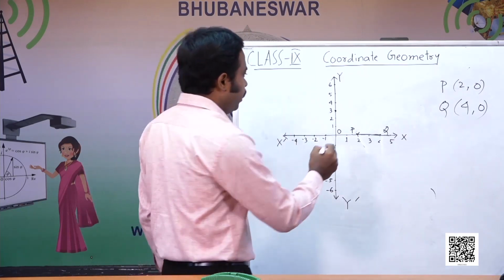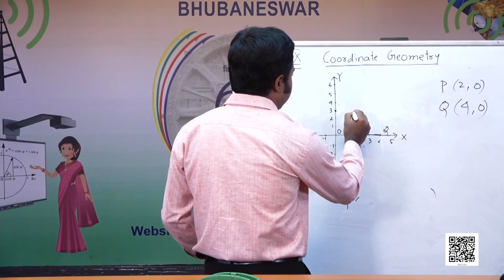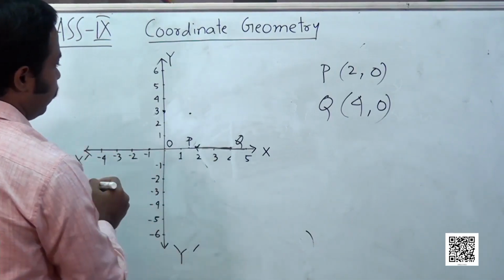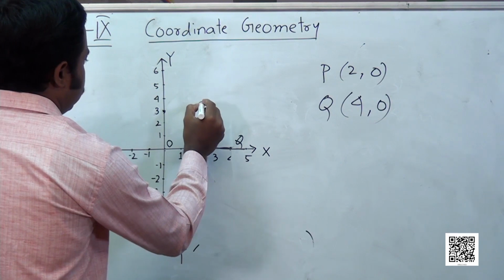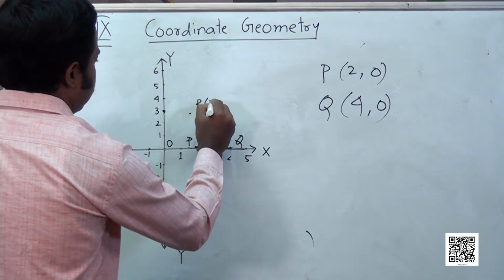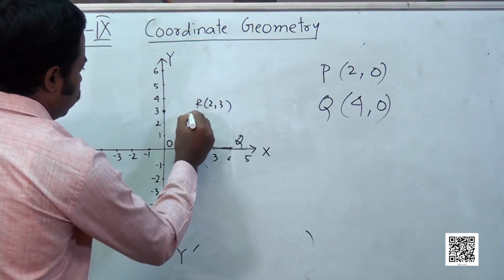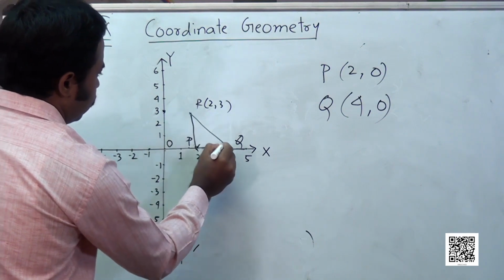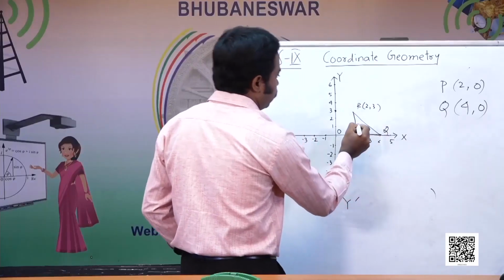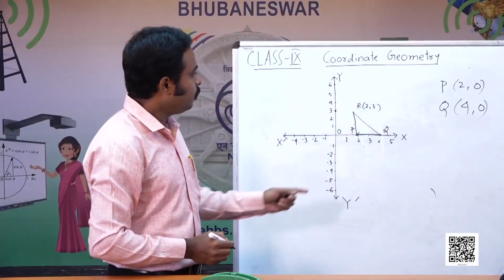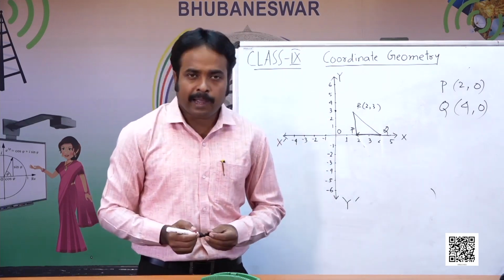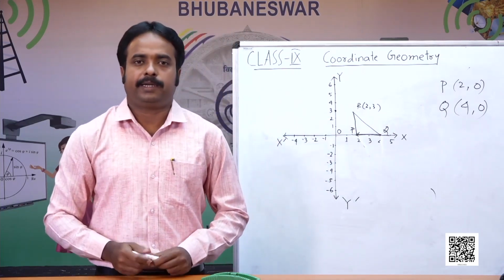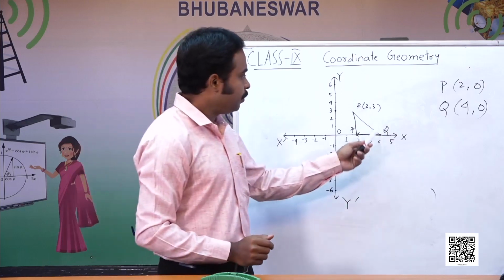That means if we take R as (2, 3) and join this, then also we will get a right triangle, and the triangle is PQR.